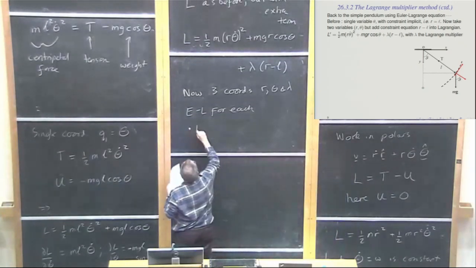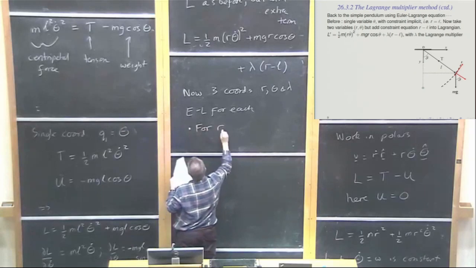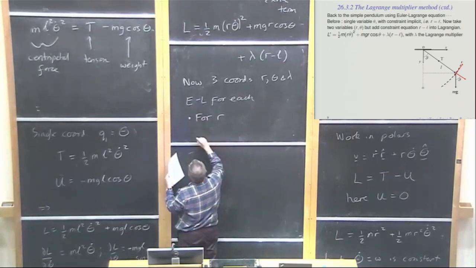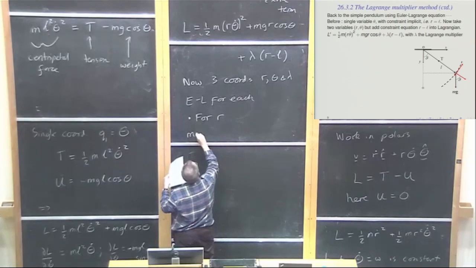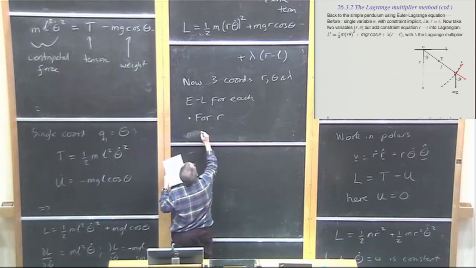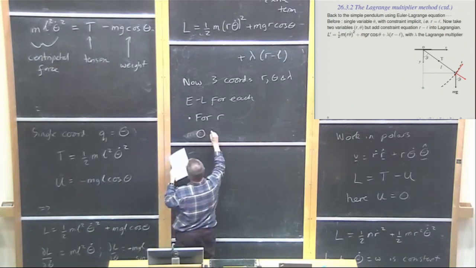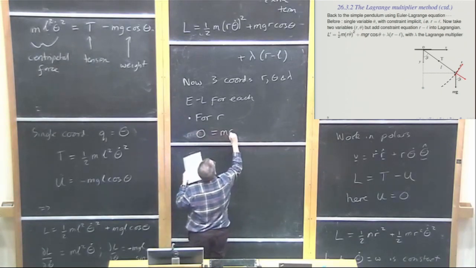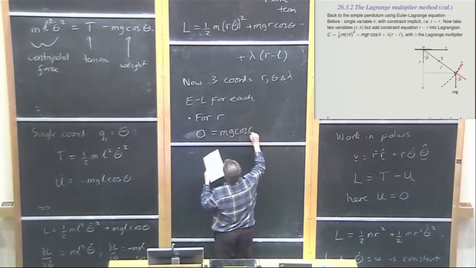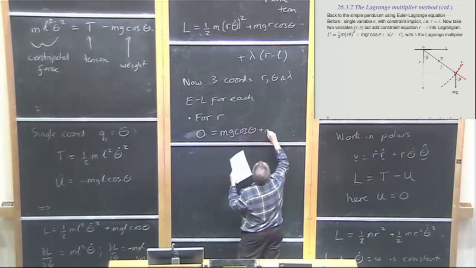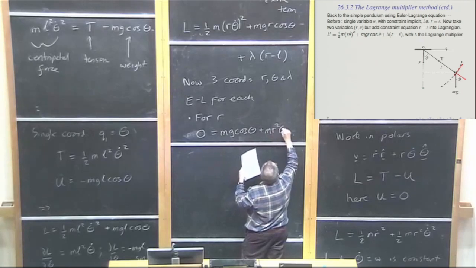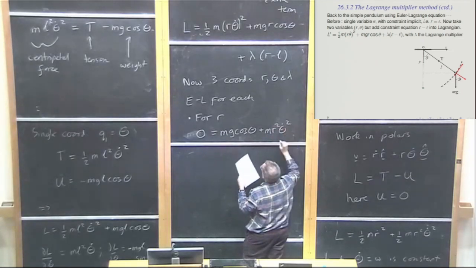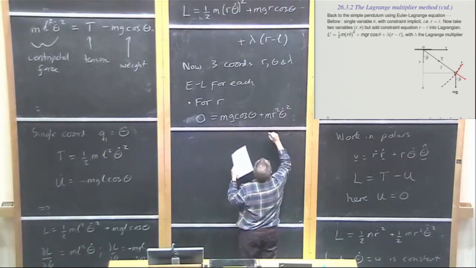So for r, we get, there's no m r double dot, because it's just 0, equal to m g cosine theta plus m r theta dot squared plus lambda.